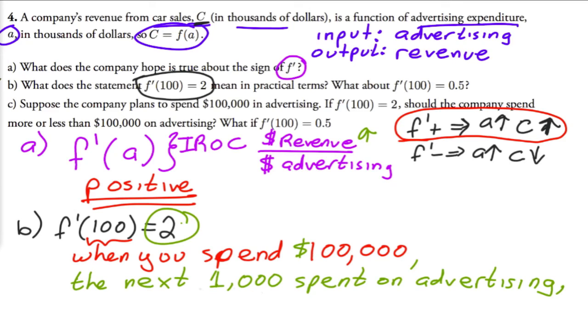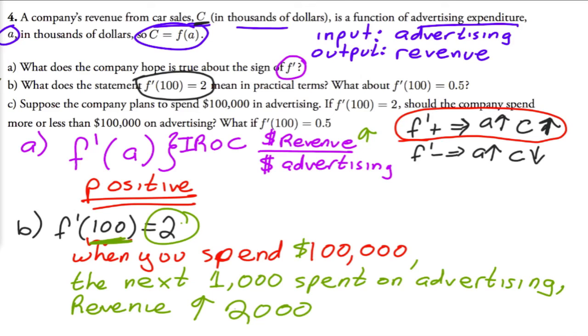So if you spend $1,000 on advertising, revenue from car sales will increase by $2,000. So you can word it both ways. Either the instantaneous rate of change is $2,000 at exactly this instant, or you can say if you increase this one by 1, in other words, if you spend $101,000, then you would get another 2,000 extra in revenue, which is obviously a good thing, right?